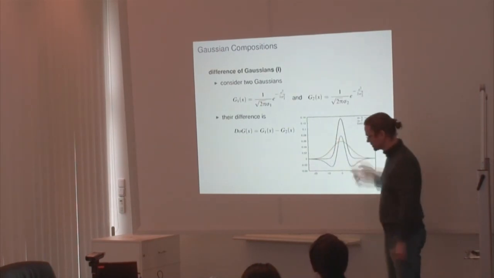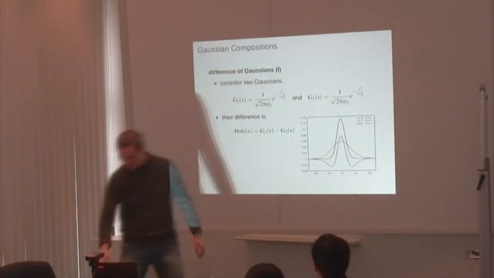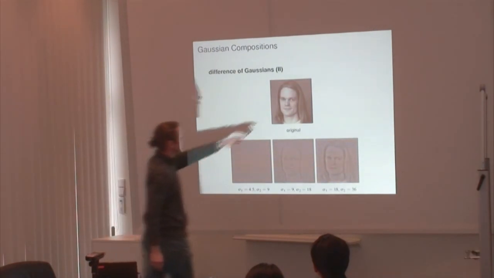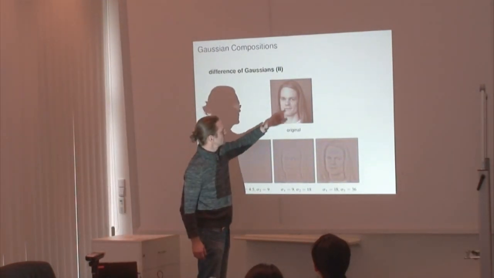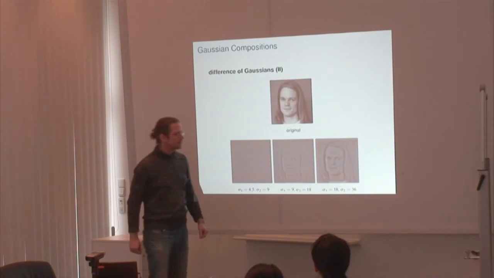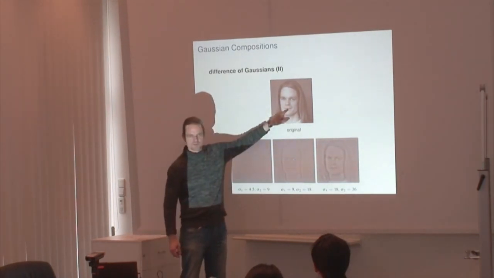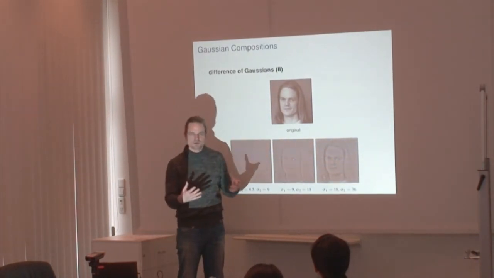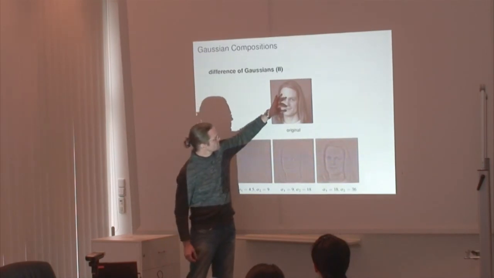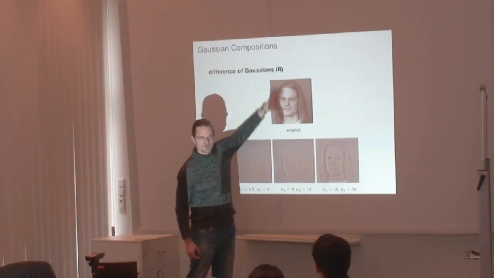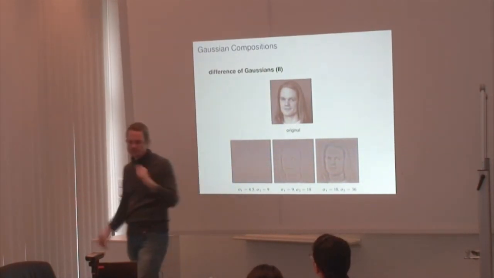So certain pixels. Let's go to the image. Let's say we are here and we look at a local neighborhood. Then everything that is very close to the center will get a positive weight, and everything that is not so close will get a negative weight, and everything that is far away will be 0 anyway.